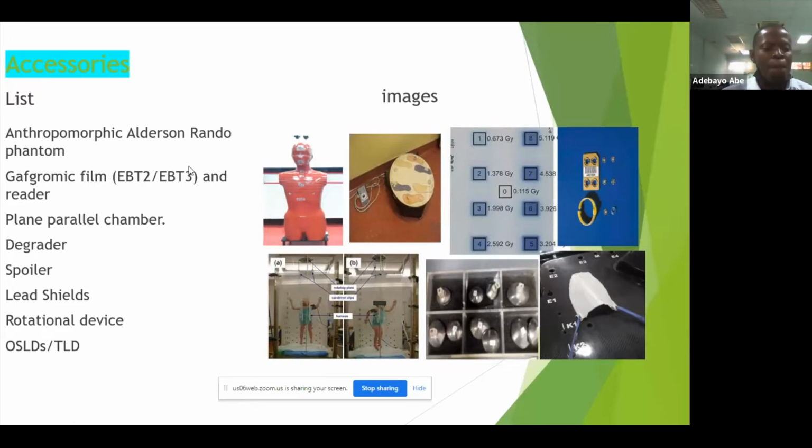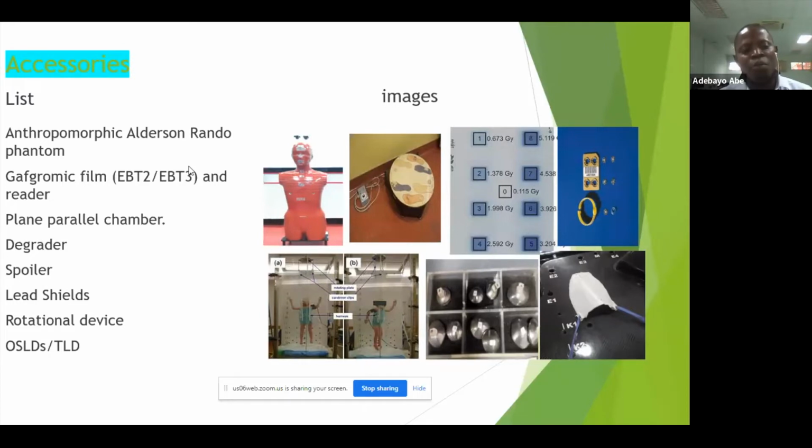A spoiler is a device that is always put at the exit of the linac, because the electron that is coming out will have interacted with a lot of chambers, jaws, and the probable energies is more shallow.